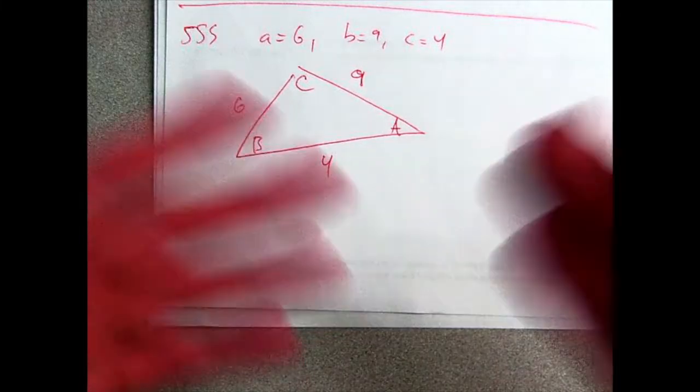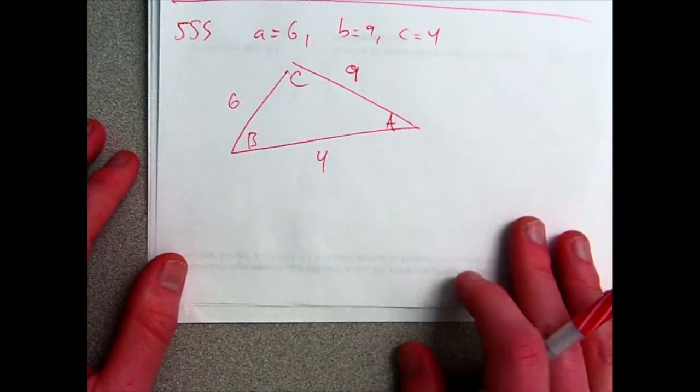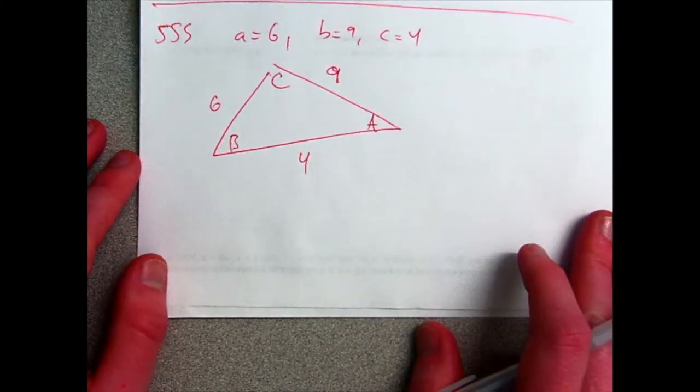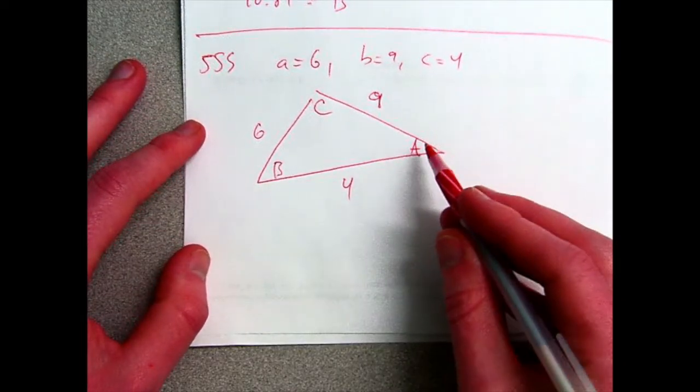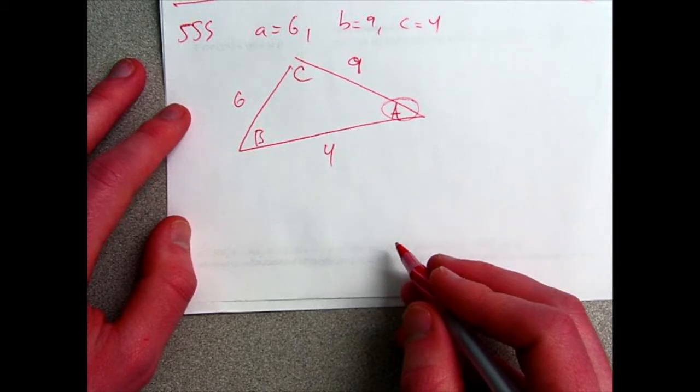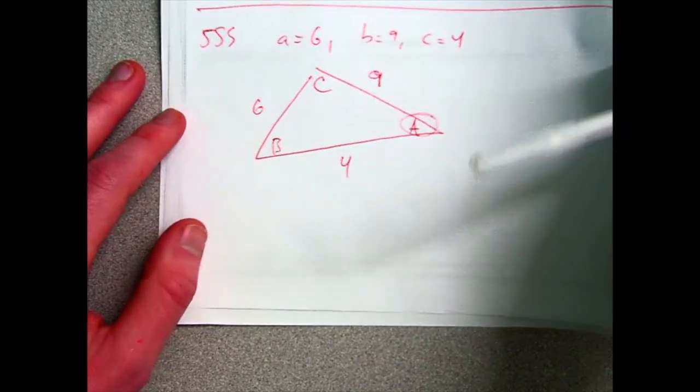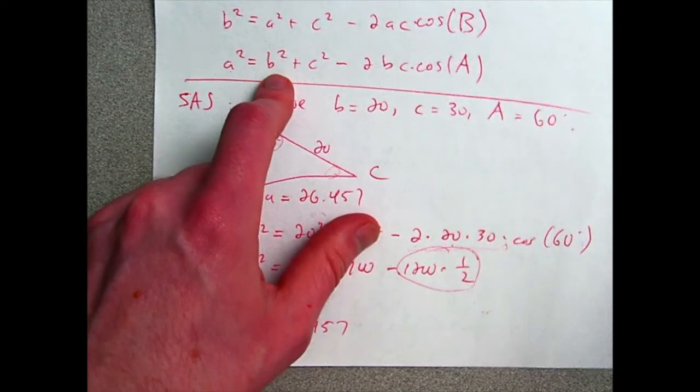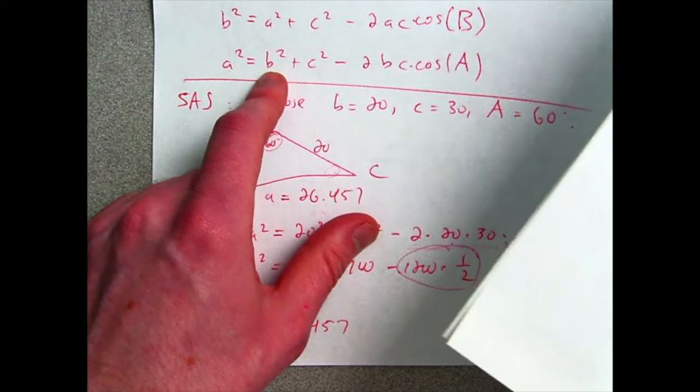So you can start by finding whatever angle you want. It doesn't make any difference. Let's maybe find A. Okay, I mean, why not? So what version of the law of cosines involves capital A? Well, that would be this version, right? So I'll plug everything into there.